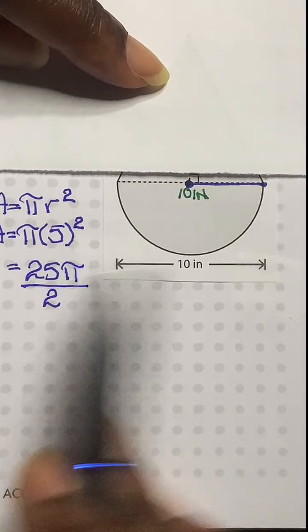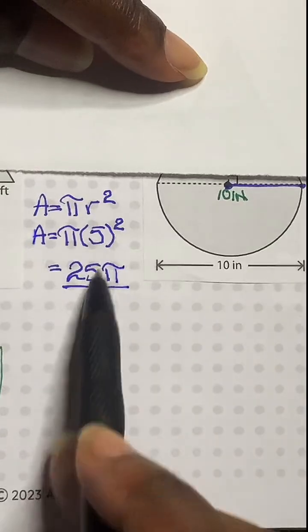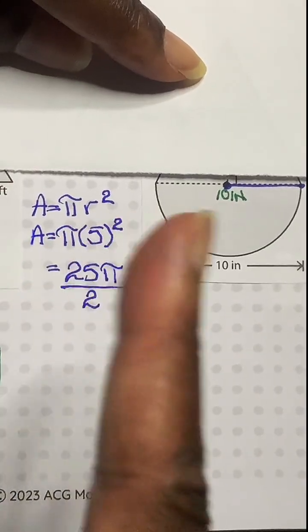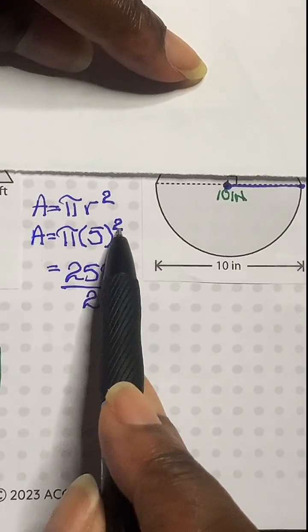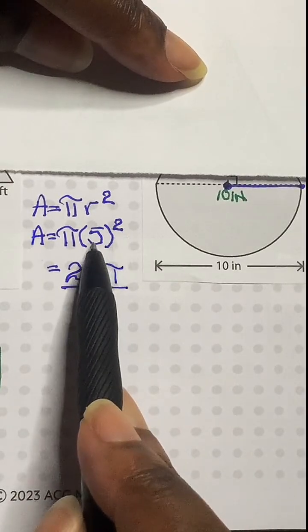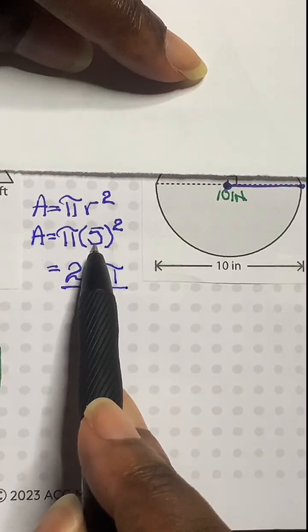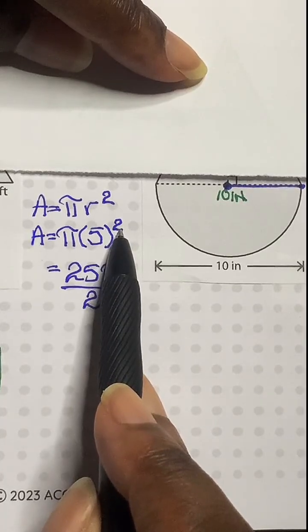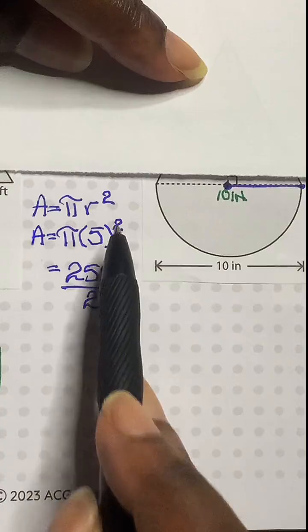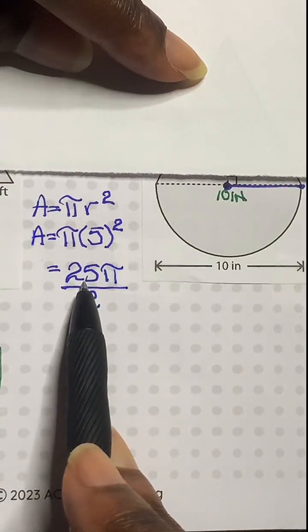Where the 25 came from? 5 squared. It's not 10. Stop it. Okay? This 2, its job is to tell the base how many times it's going to multiply itself. So 5 squared is the equivalent of 5 times 5. 5 times 5 gives us our 25.